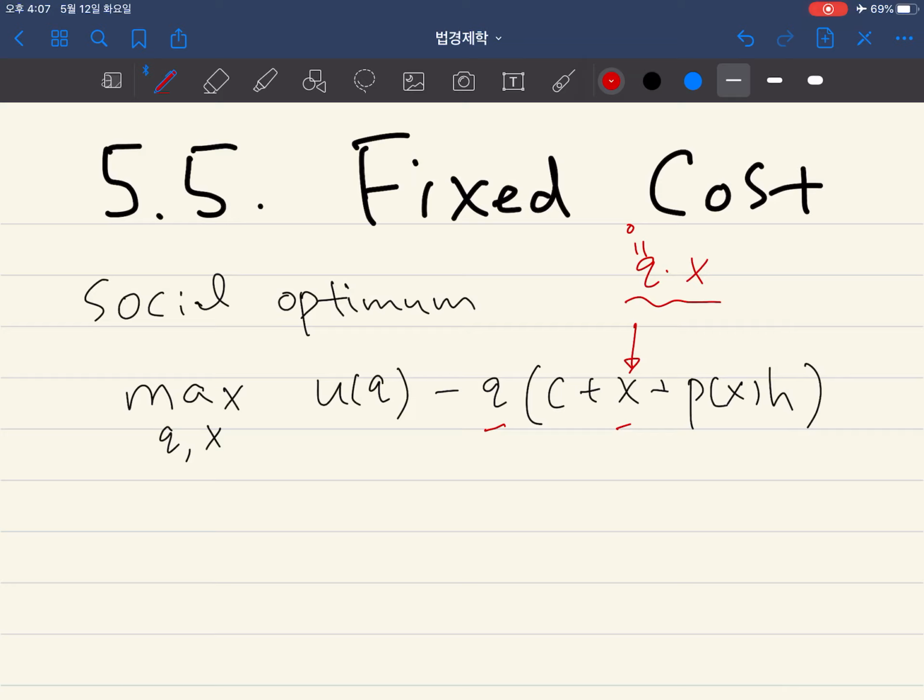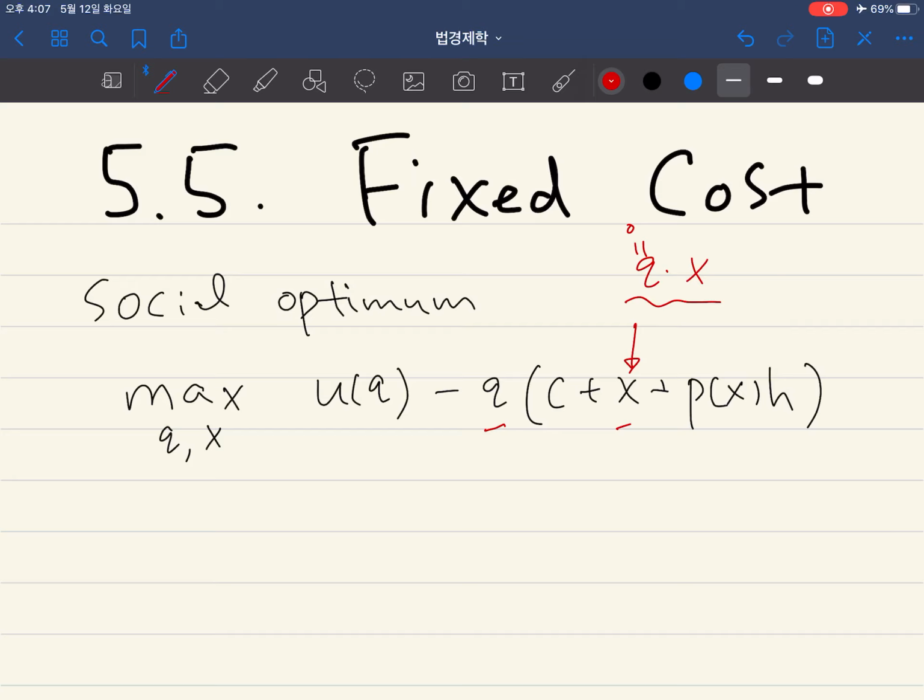So in other words, in this formulation, care cost is a variable cost in firm's production process. What if care cost becomes a fixed cost? So in other words, even when firms produce nothing, we have to pay care cost.